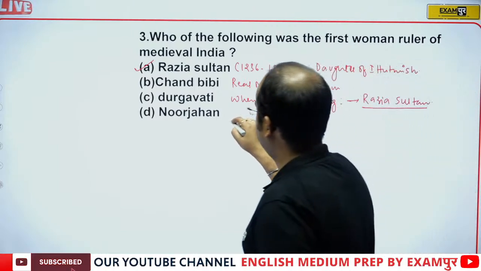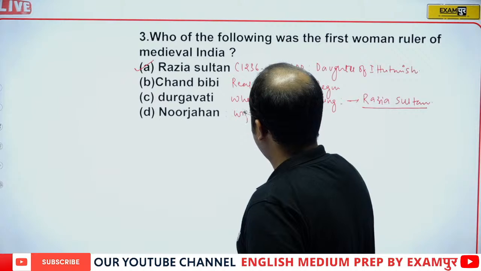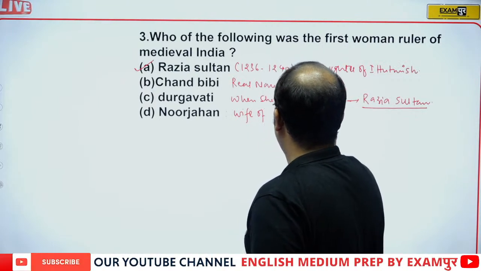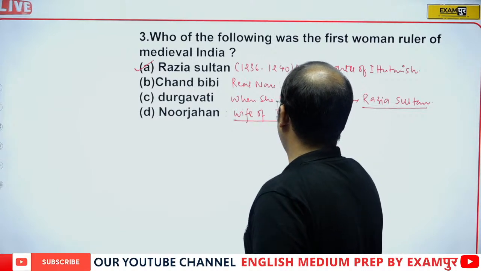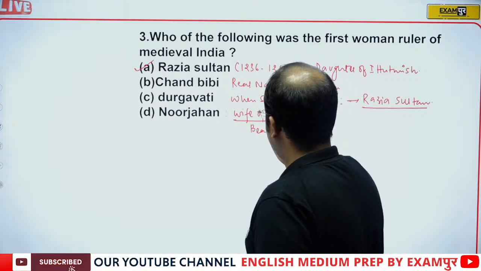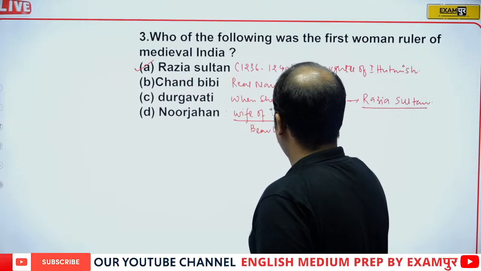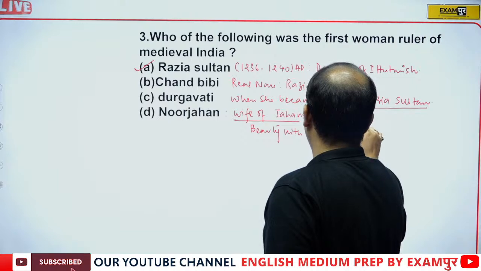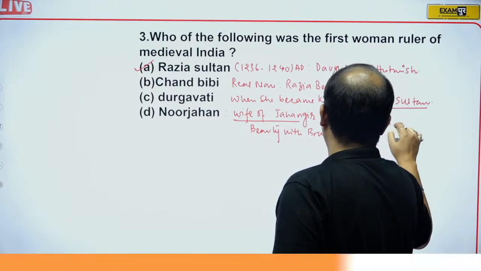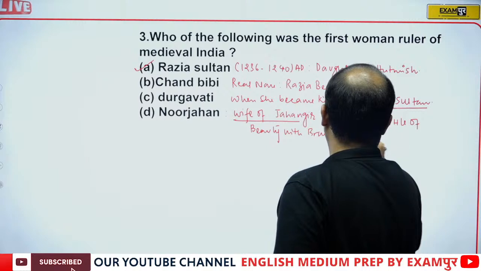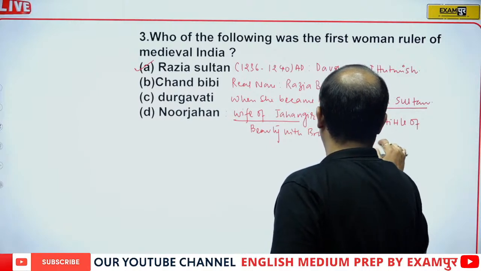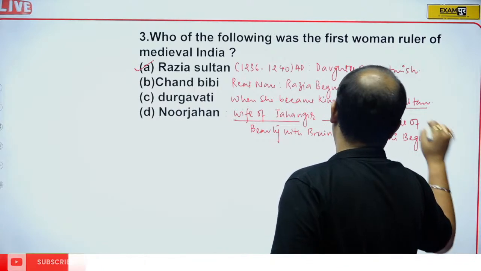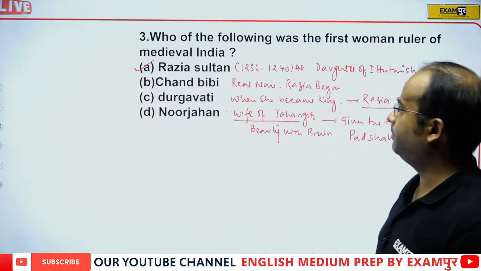And Noor Jahan was the wife of Jahangir, and she was a beauty with brain. She was given the title of Padishahi Begum.